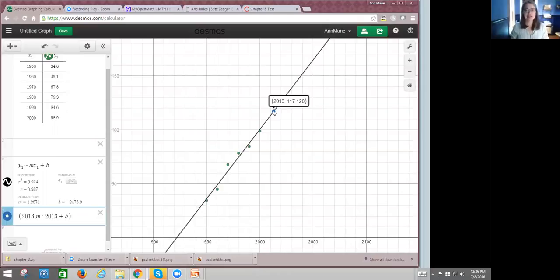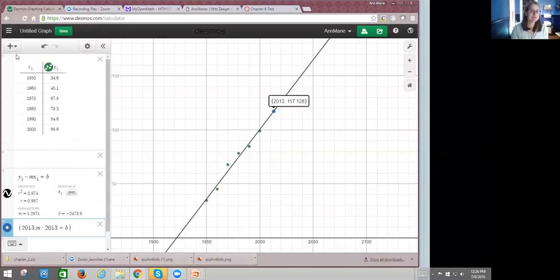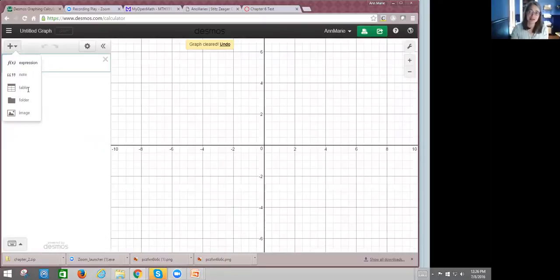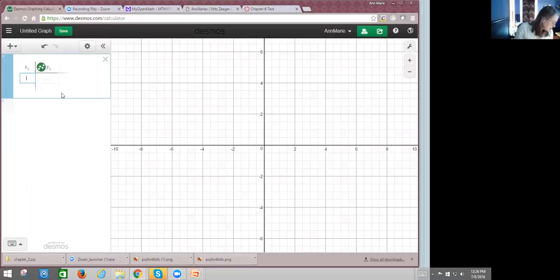Okay, that's the basis of linear regression. Let's look at a different data set, and let's talk about whether or not it's linear and what to do with these. So again, I'm going to start with a new blank graph. I'm going to start by putting my data in a table. I'm on page 228 of your textbook.